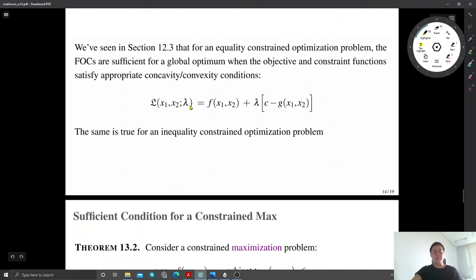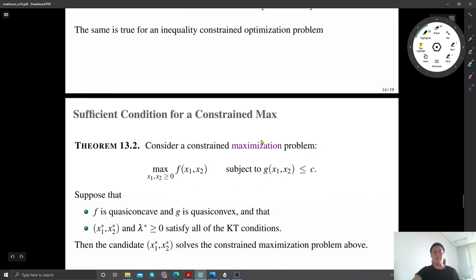And if the Lagrangian is quasi-convex with respect to x1 and x2, then the Kuhn-Tucker condition becomes a sufficient condition in the case of a minimization problem.